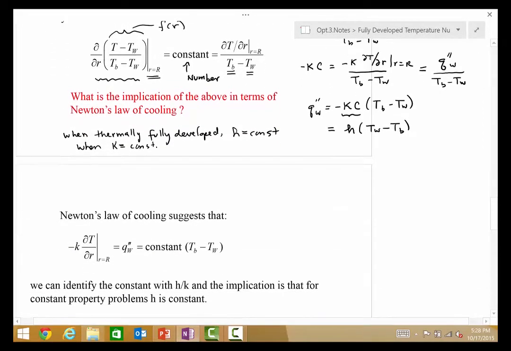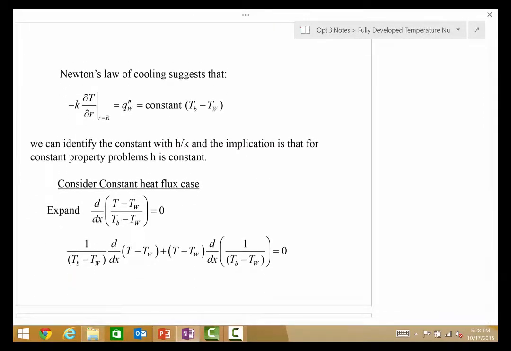All right, and so the way that we use that is we just pointed out that what we really got out of this is Newton's law of cooling, and that we can identify H over K with this constant property. And so for the constant heat flux case, the same thing is true, that H is a constant, and there's just a slight modification.